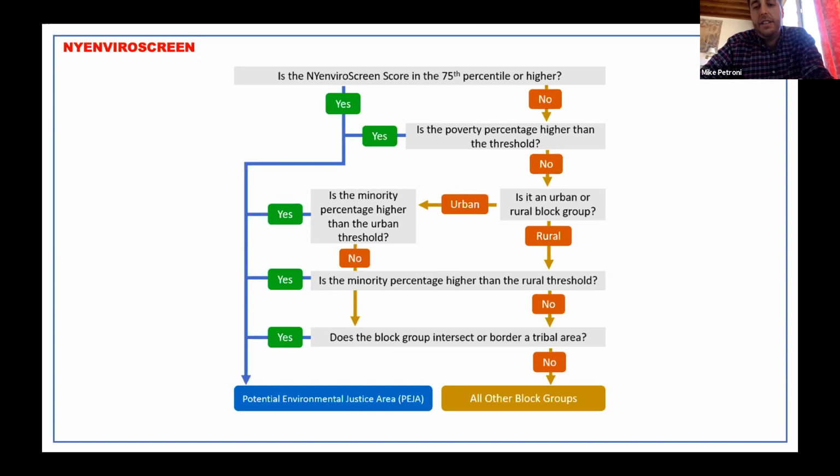If you're not in that, you can still become a disadvantaged community if you are over the poverty or minority thresholds, or if, on the last line here, you're intersecting a tribal area.